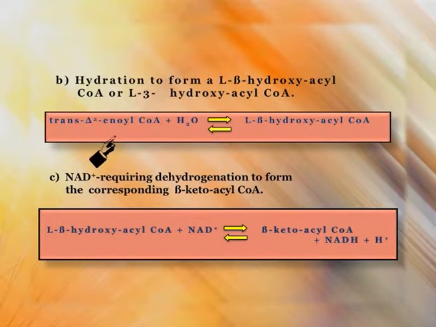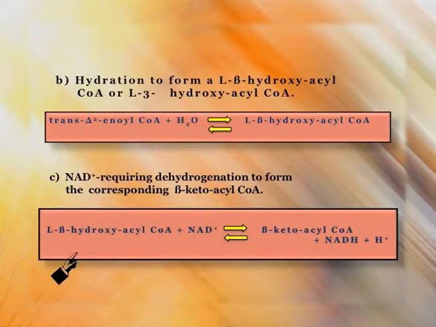In step number 2, the trans delta 2 enoyl-CoA is hydrated by the enoyl-CoA hydratase enzyme to produce the L-beta hydroxyacyl-CoA. In the third step, the L-beta hydroxyacyl-CoA is converted to beta ketoacyl-CoA with the help of the enzyme L-beta hydroxyacyl-CoA dehydrogenase, which requires NAD+ as its cofactor.